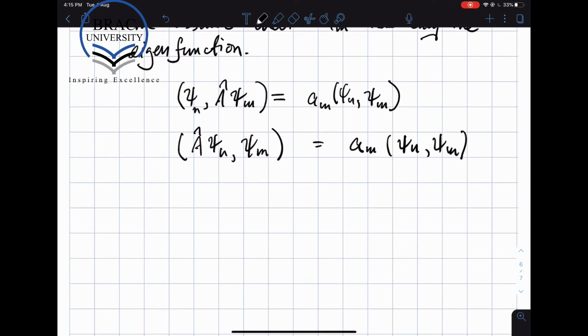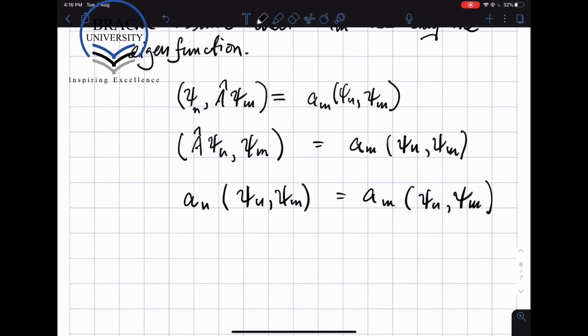Now, what is this left-hand side? The left-hand side is going to give me a_n times the inner product of psi n and psi m. And the right-hand side, I have a_m times the inner product of psi n and psi m. So now we can write this equation as a_n minus a_m times the inner product of psi n and psi m is equal to 0.